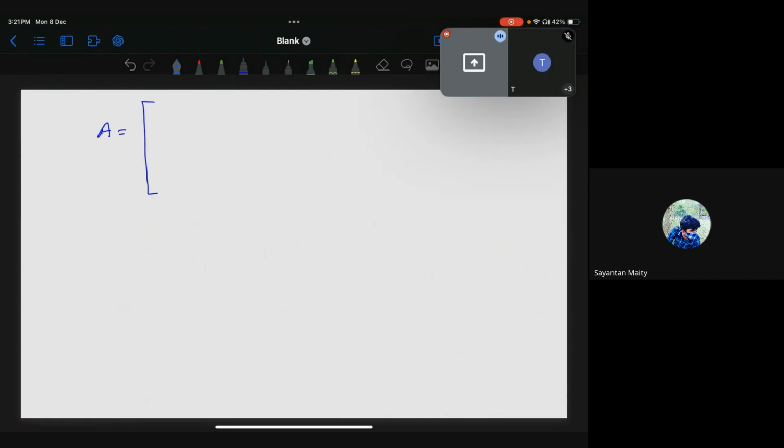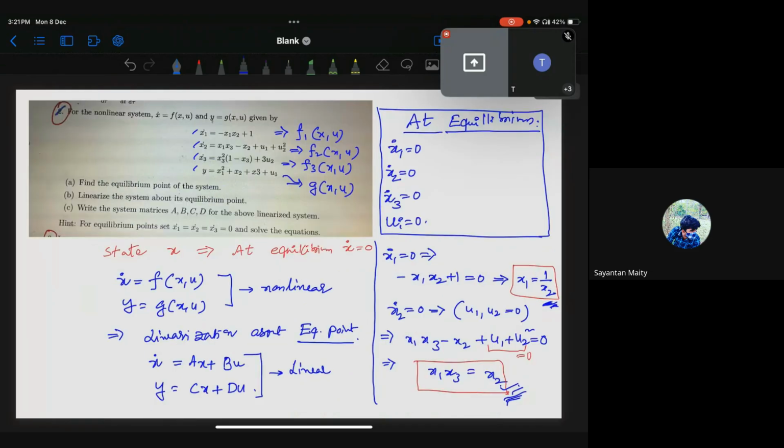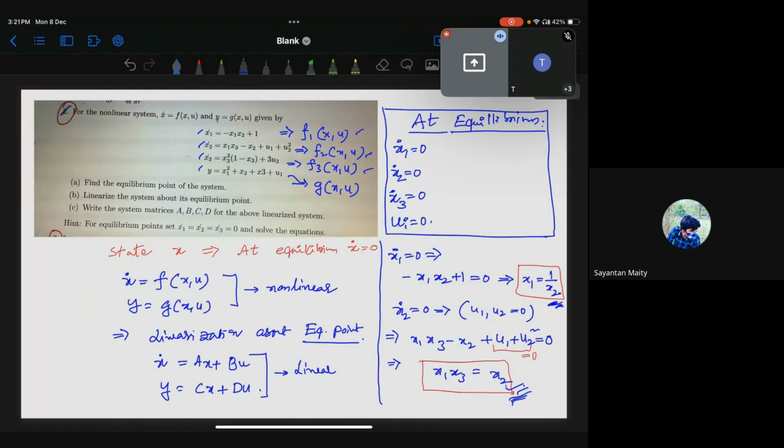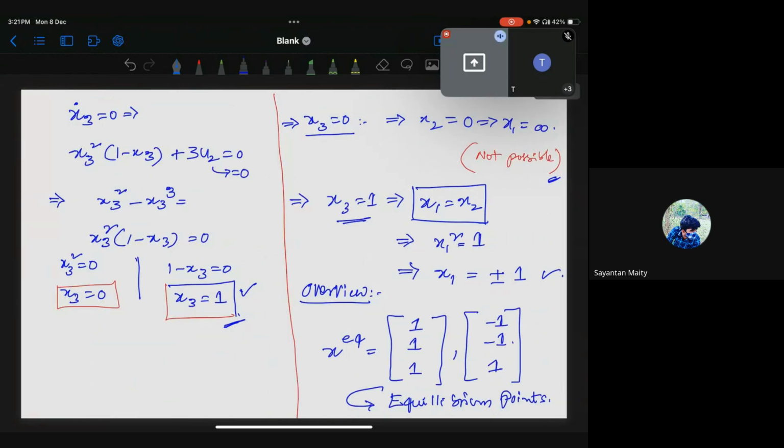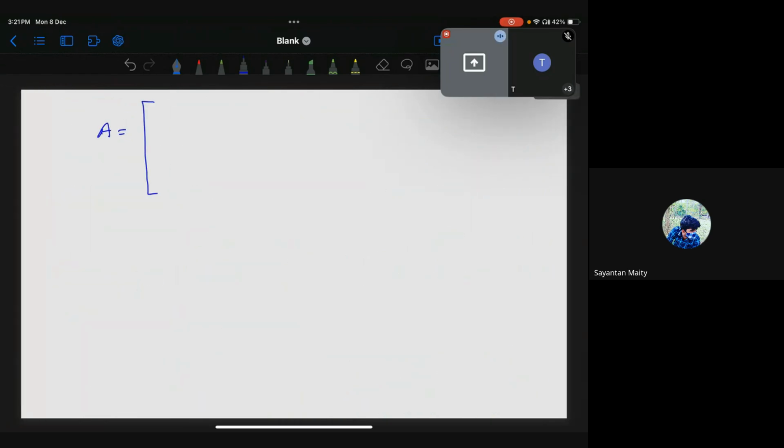We have a total of three functions here, F1, F2, F3, so we first write them. The A matrix is going to be dou F1 by dou X1, dou F1 by dou X2, dou F1 by dou X3.